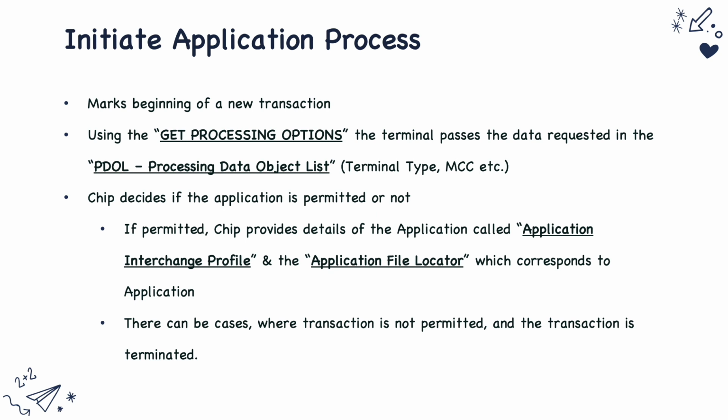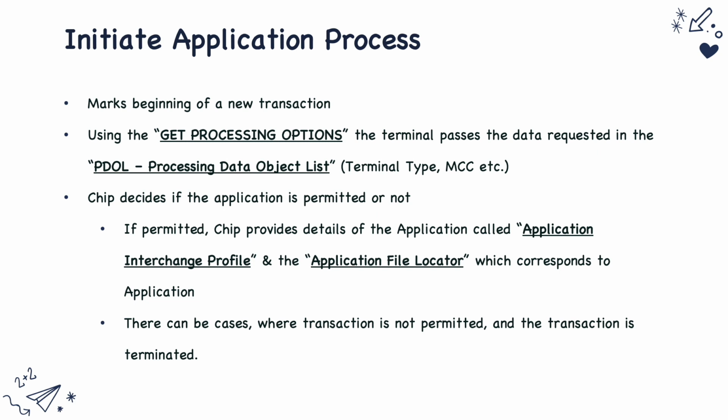There can be scenarios where the chip does not want the transaction to proceed further. Let's take an example. Let's say the terminal type is unattended, that is, it is not being monitored by a person. The terminal type is passed from the terminal to the chip. Then the chip can outright reject that particular transaction, that is, terminate the transaction, and not proceed further.